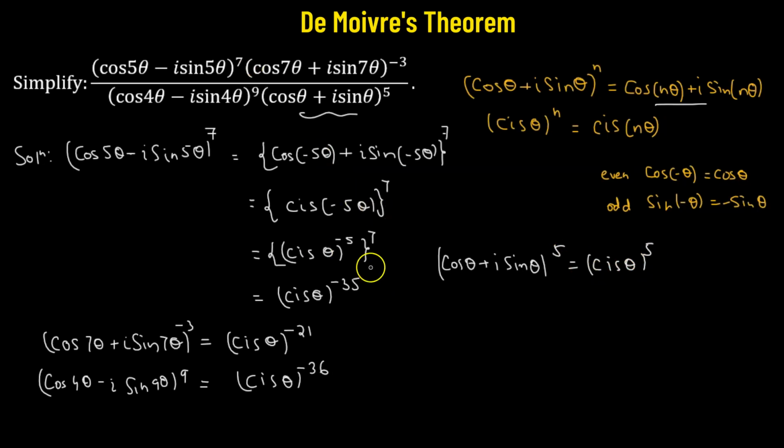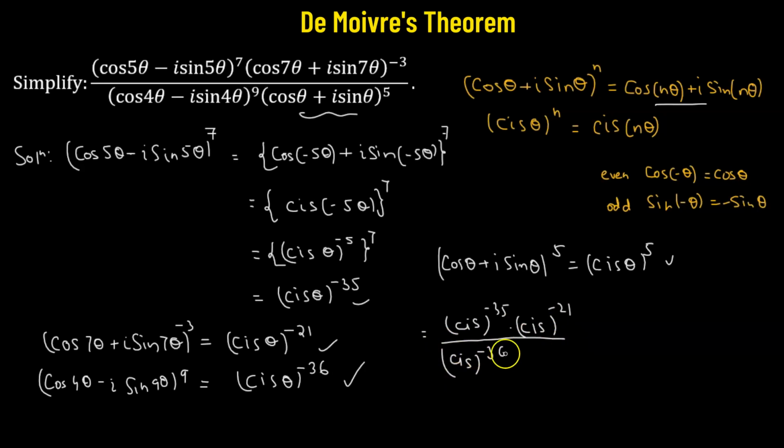So now that you have all four expressions written in this simplified form, we'll replace these values into our original expression, such that we now have cis of negative 35 multiplied by cis of negative 21, divided by cis of negative 36 multiplied by cis of 5, these are all cis of theta.